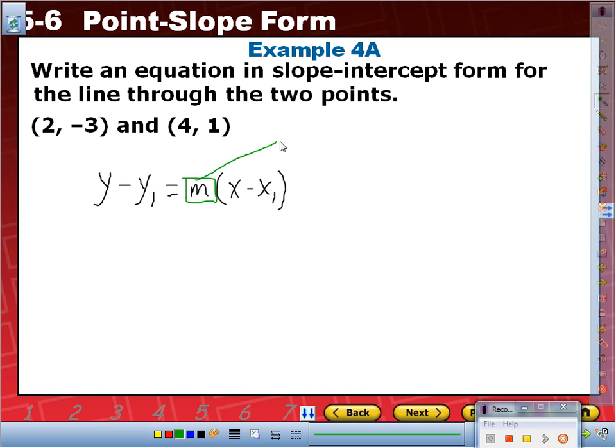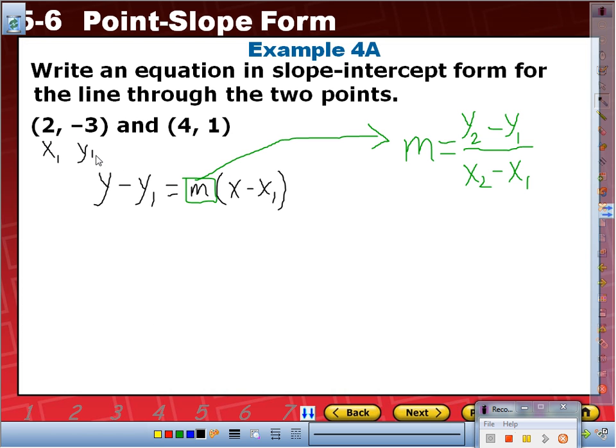Yes. Check this out. I'm going to do a little side step this way, and I'm going to write m equals, let's see if we remember this one, y2 minus y1 over x2 minus x1. Remember that? That's how we find our slope. So therefore, let's label these. This is x sub 1, y sub 1.